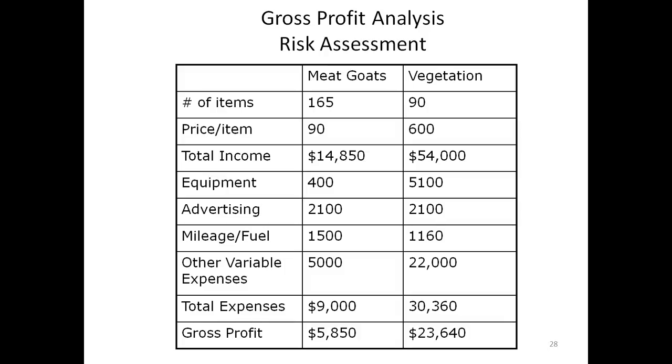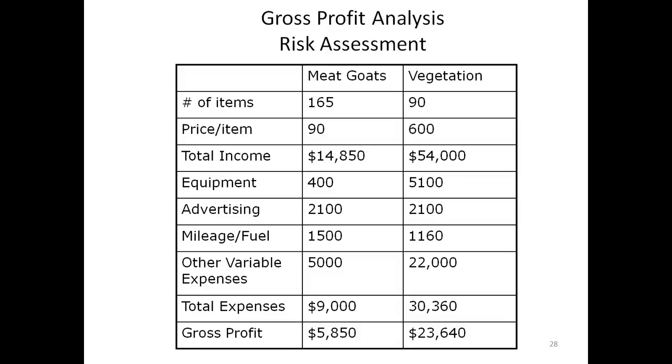As I mentioned before, you can use the gross profit analysis as a risk assessment, and I'm using my enterprise of meat goats operation and also my vegetation management business. On the meat goat side, gross profit is quite a bit less than the vegetation management side.